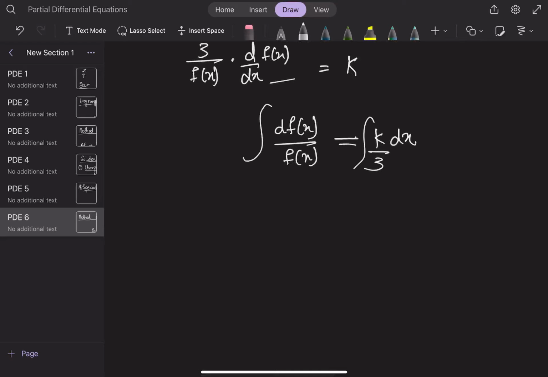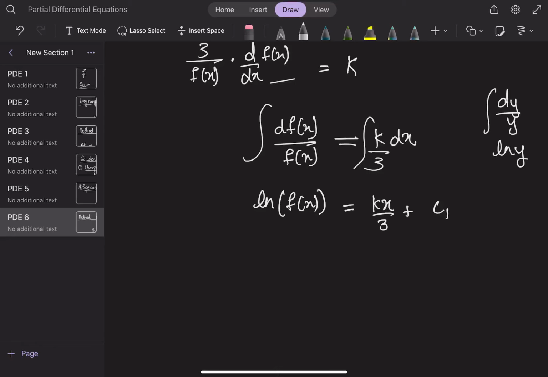So d(f(x)) divided by f(x). You can see that this looks basically like dy upon y. So the integration of this is what? ln y. So this is exactly like that. So this becomes ln f(x), and this will become kx/3 plus c1.